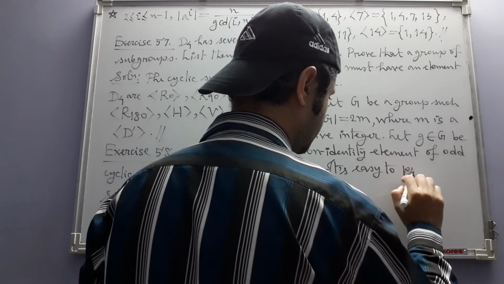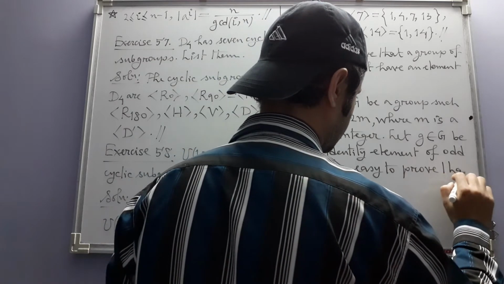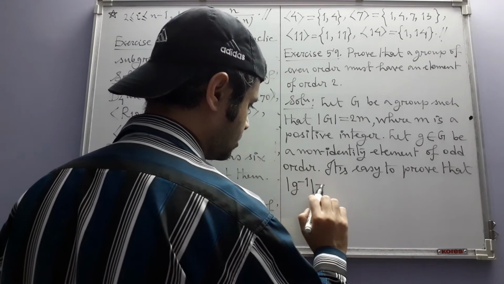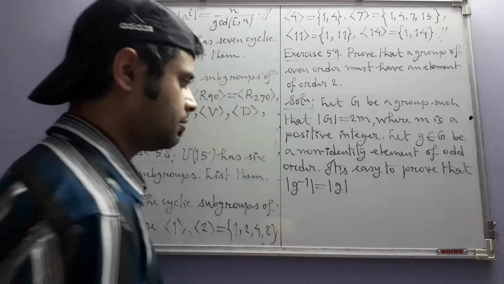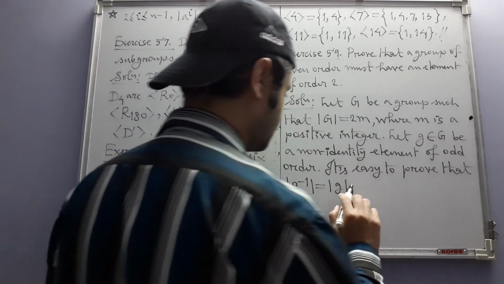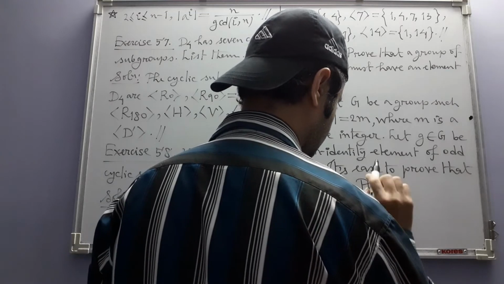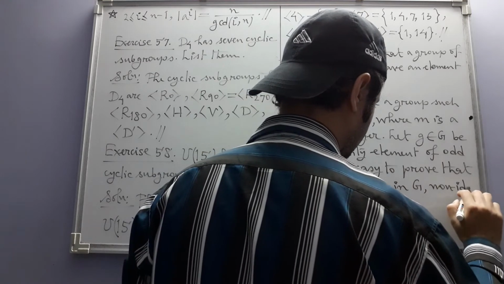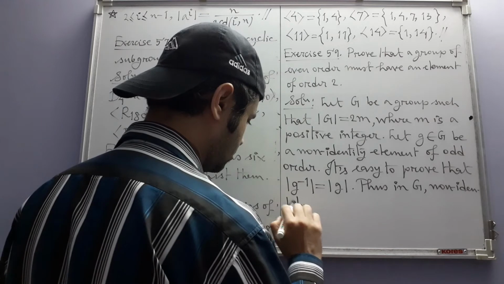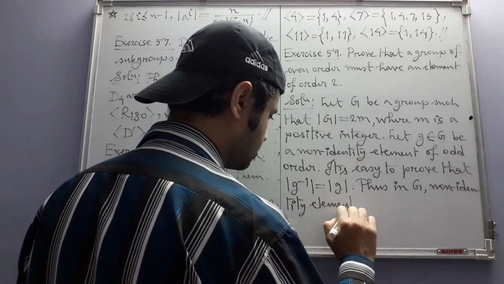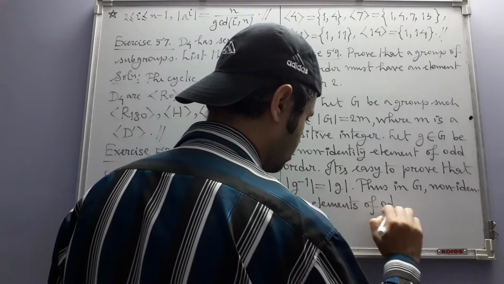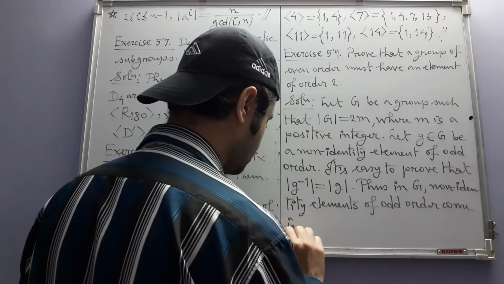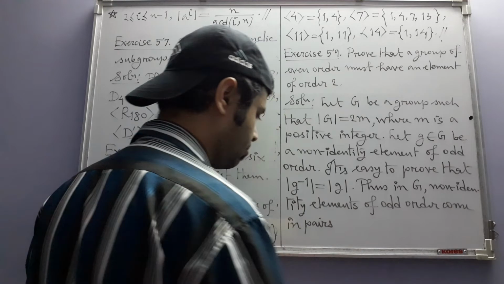It's easy to prove that the order of G inverse is also equal to the order of G. Thus, in G, non-identity elements of odd order come in pairs.